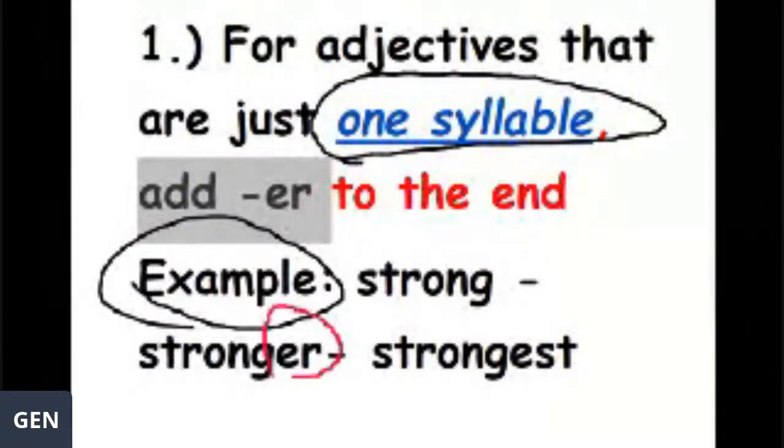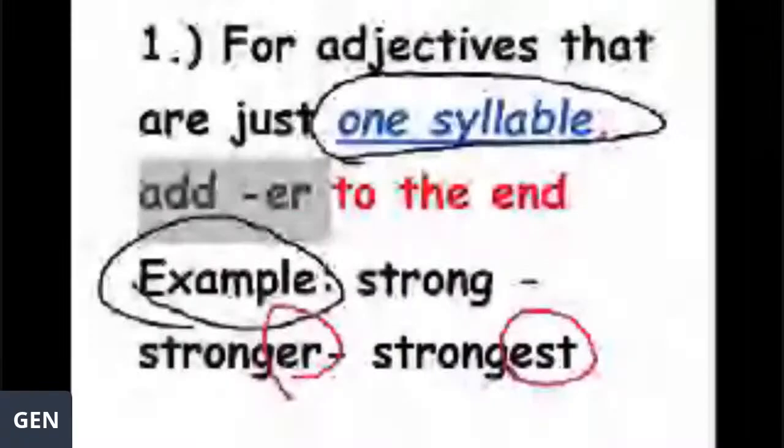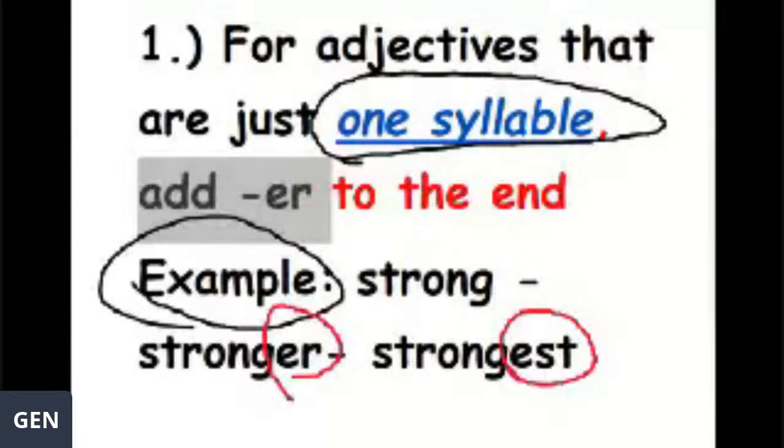I just have to add er. Next, est. That's very easy. Again, what is a syllable? One syllable, for example, strong. That's one syllable, right? So with one syllable, you just have to add er or est.